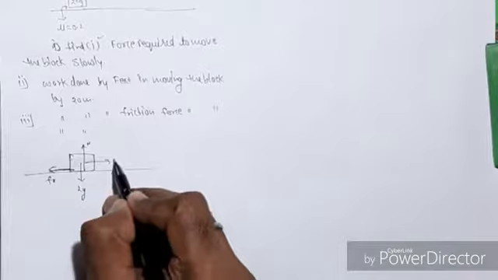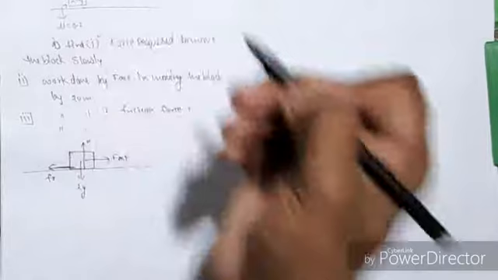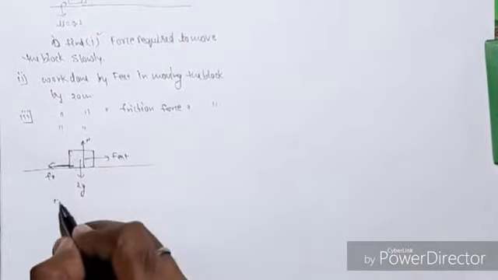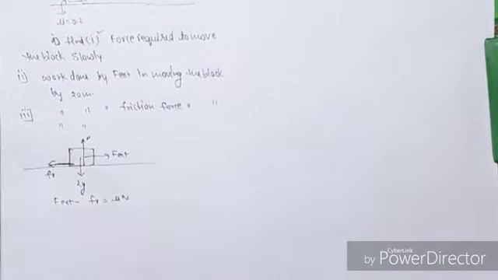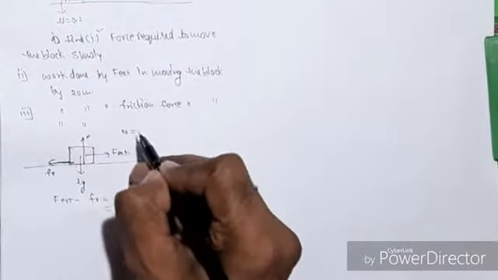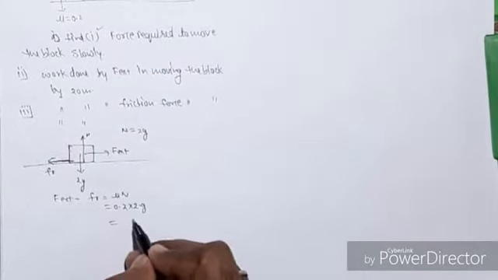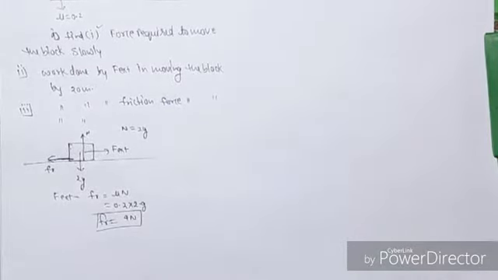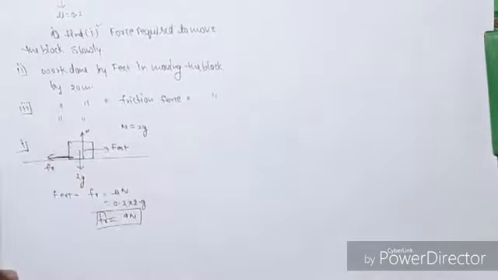If we apply the external force in the horizontal direction to move the block slowly, F external should be equal to the friction force, which is equal to mu into N. The value of mu is 0.2, and in this case N would be equal to 2g. So 0.2 into 2 into g is equal to 4 Newton. So the minimum force required to move the block slowly is 4 Newton. This is answer number 1.